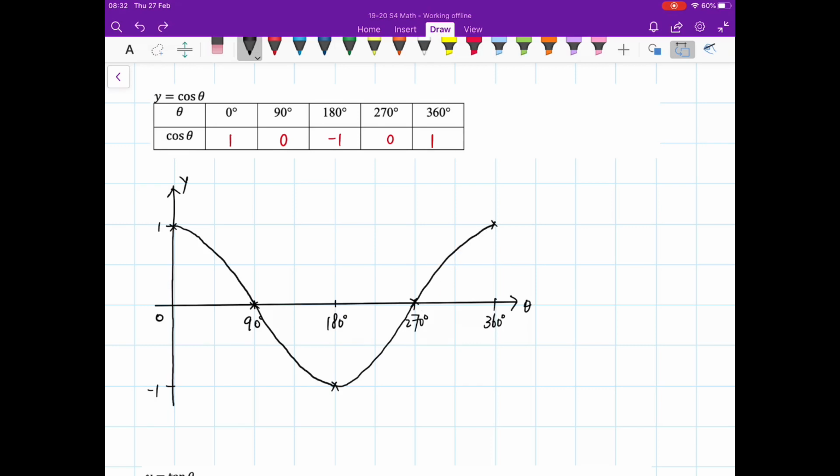And this is the graph for y equals cosine theta.